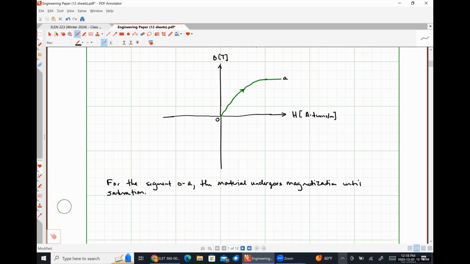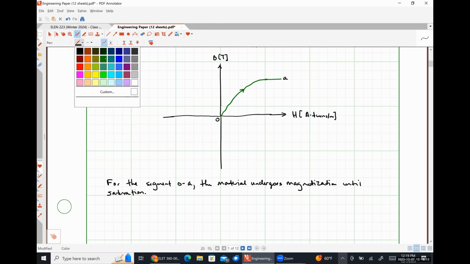Okay. So we've hit a point where a subsequent increase in our H field doesn't cause an increase in our B field. Now, what's going to happen when we back off our current or we reduce our H field?